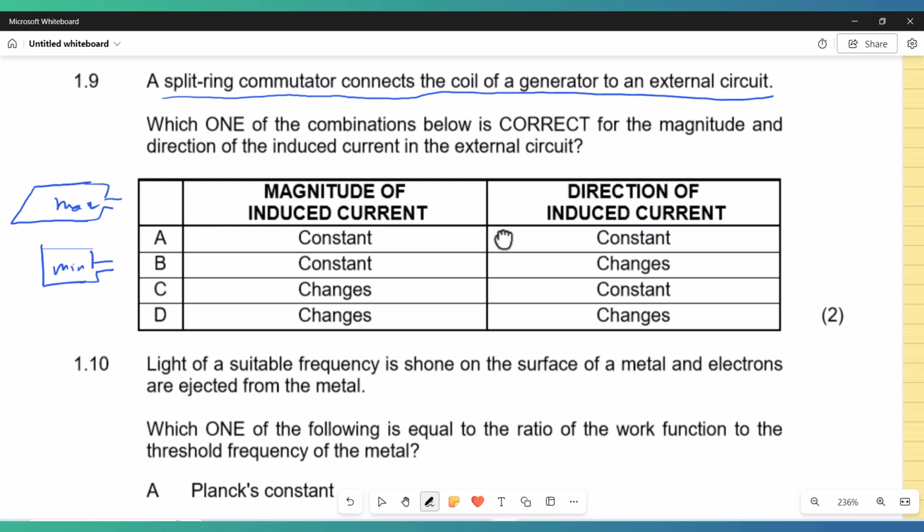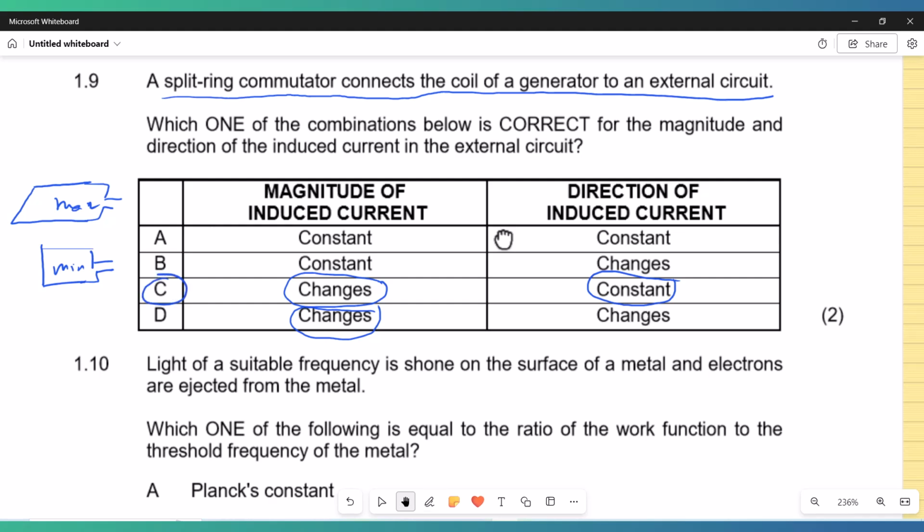So the induced current changes from maximum when horizontal to minimum when vertical. But the presence of the split ring commutator is going to convert the changing current to a constant induced current in the external circuit. Are we together? So the answer is going to be C.